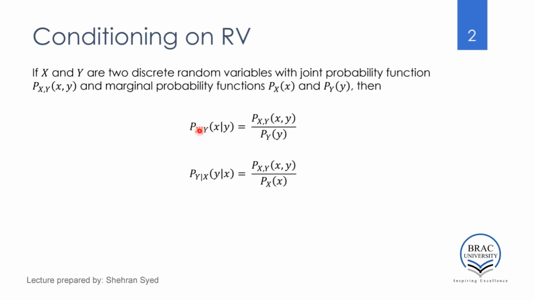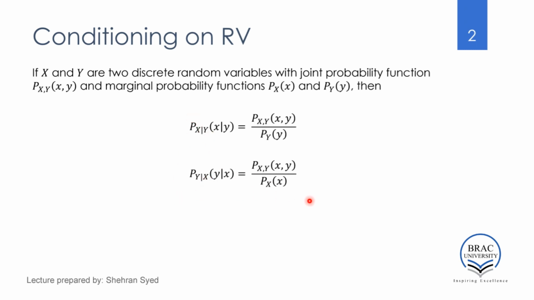Now, p sub x given y represents the conditional probability of x given y, or the probability of x conditioned on y. Similarly, p sub y given x represents the conditional probability distribution of y given x, or the conditional probability distribution of y conditioned on x.